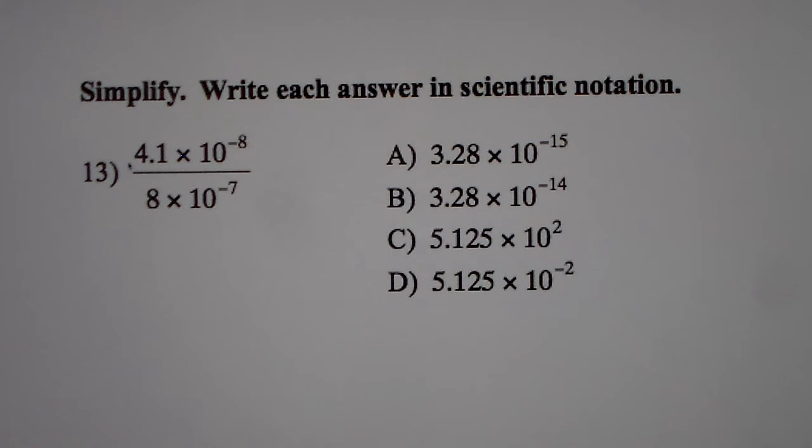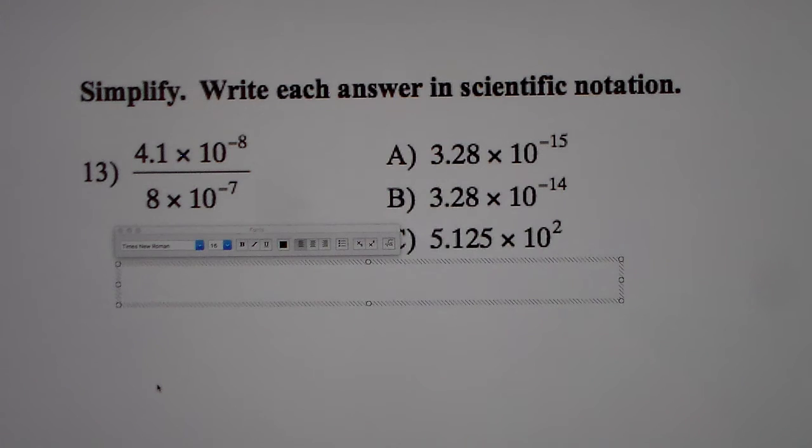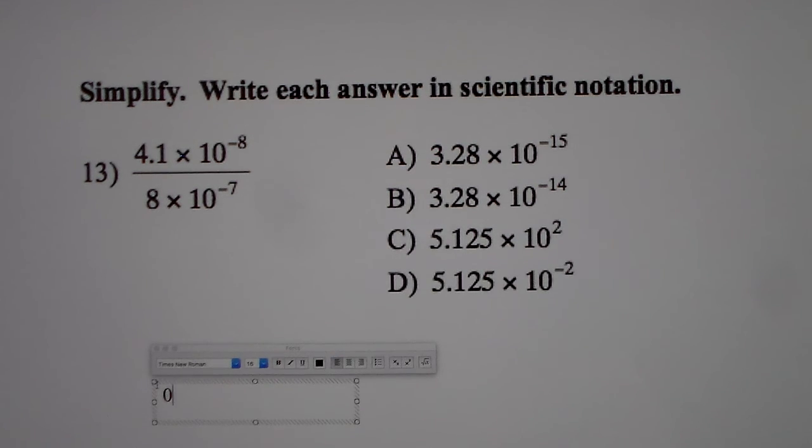I'm sorry, 1 to the left. I knew I had made a mistake there. So let's write that out. 0.41 times 10 to the -7.